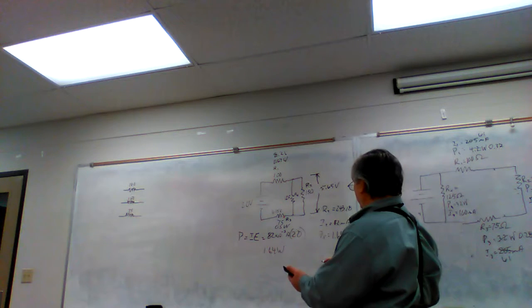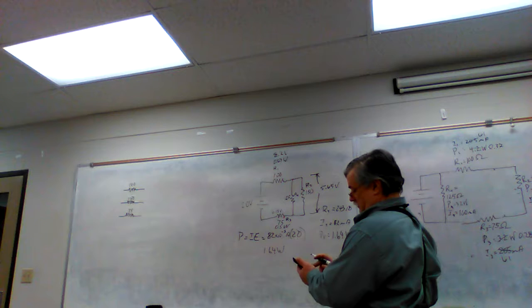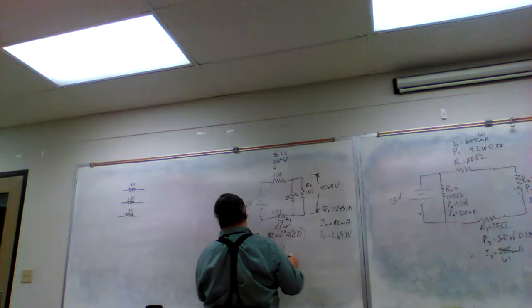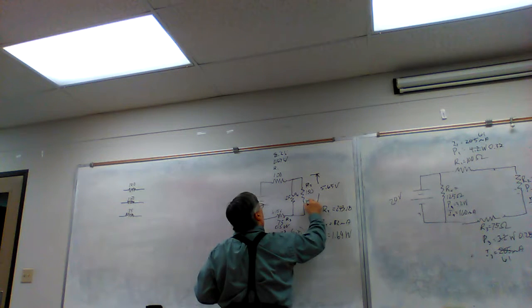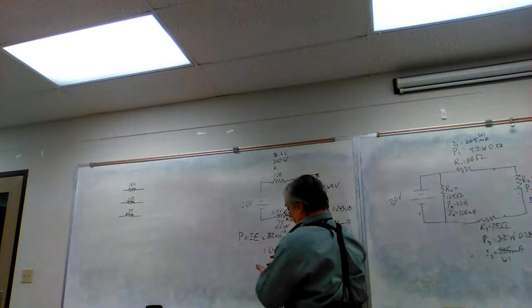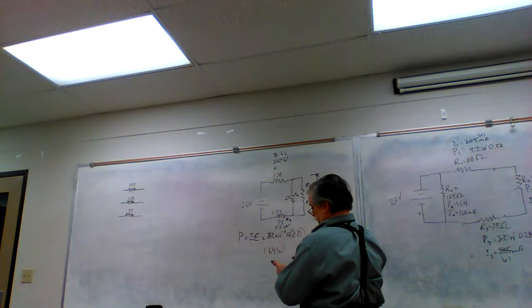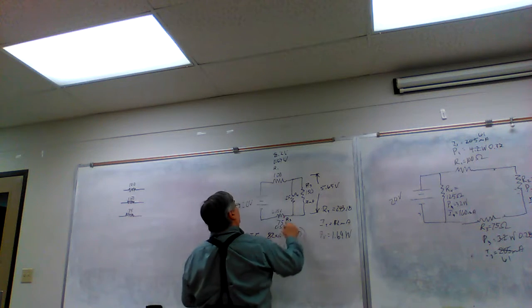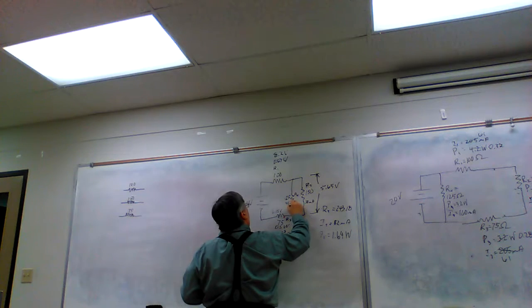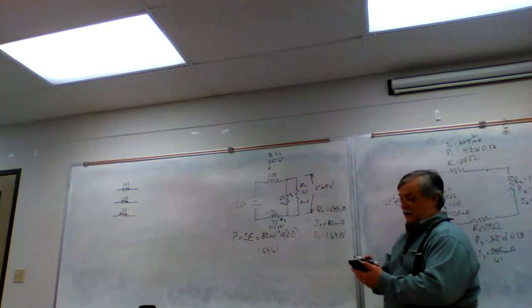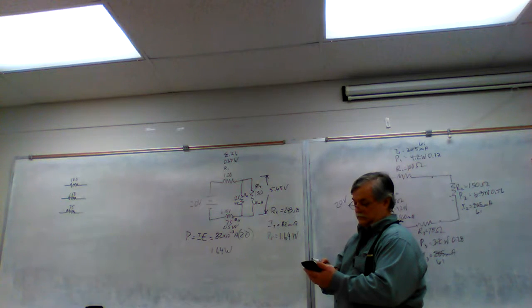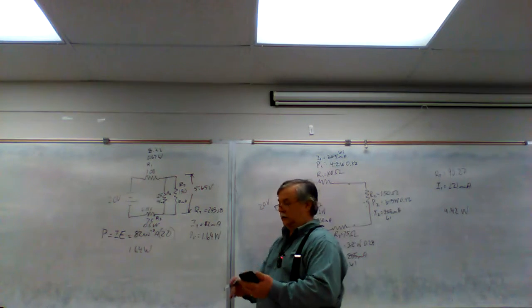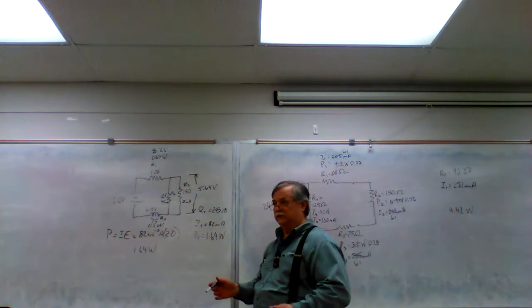So the current through R2 is 38 milliamps. Current through R4 is 45 milliamps. 45 and 38 are 83 milliamps. So again, ignoring our playing fast and loose with significant digits.